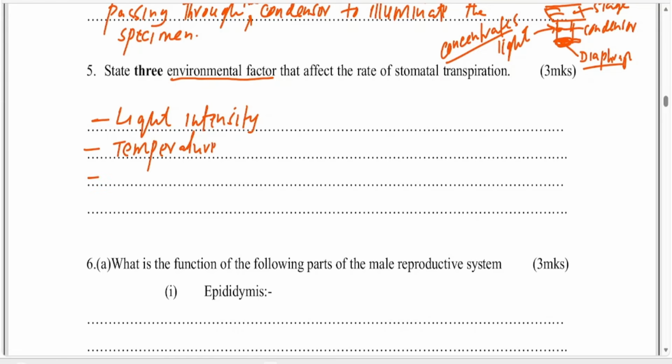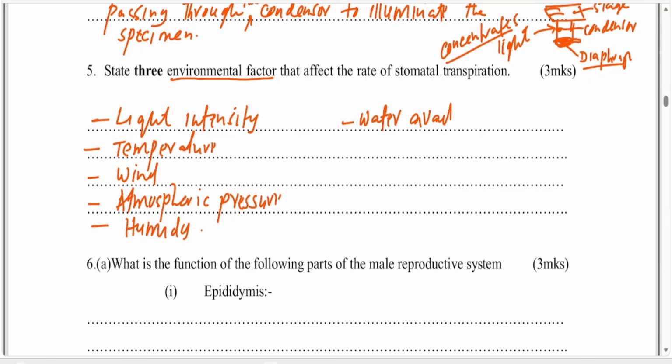We can also talk of wind, or the strength of wind. We can also talk of atmospheric pressure. We can even talk of humidity and even water availability. Stating any 3, you would score 3 marks.